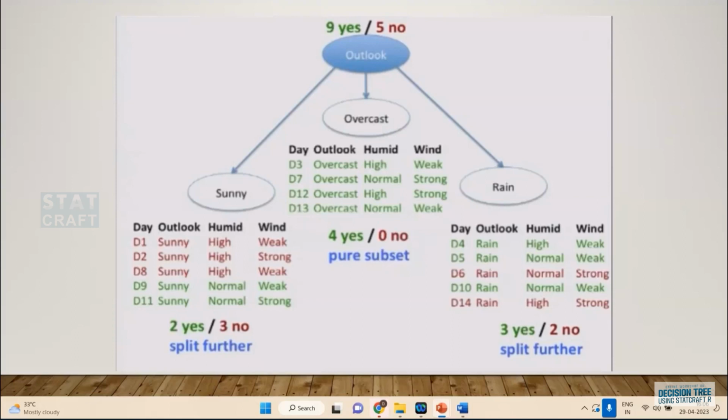In the sunny day, there are 2 yes and 3 no. And in the rainy day, there are 3 yes and 2 no. This means that these are impure nodes. Please remember one thing: there is an impurity in these nodes. But if I talk about overcast, it is a pure node.